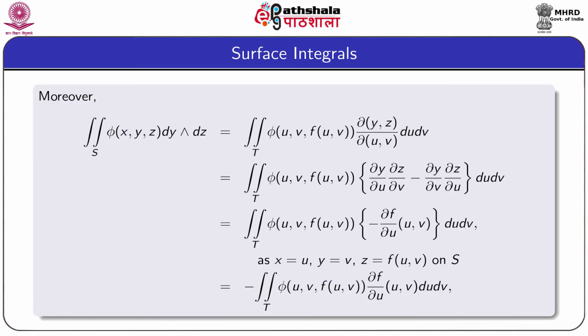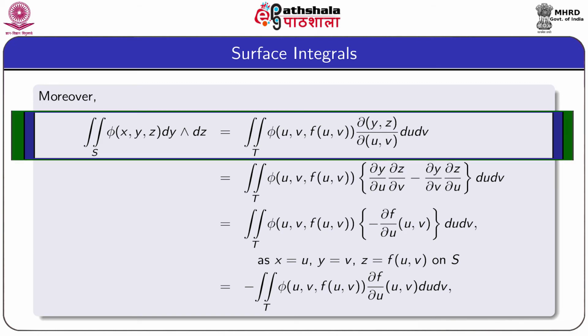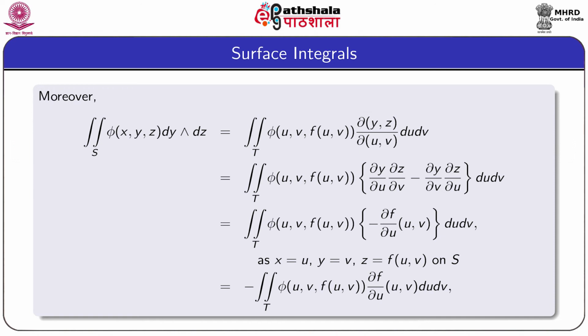Moreover, the surface integral of phi(x,y,z) dy∧dz over S equals the double integral over T of phi(u,v,f(u,v)) times the Jacobian ∂(y,z)/∂(u,v) du dv.